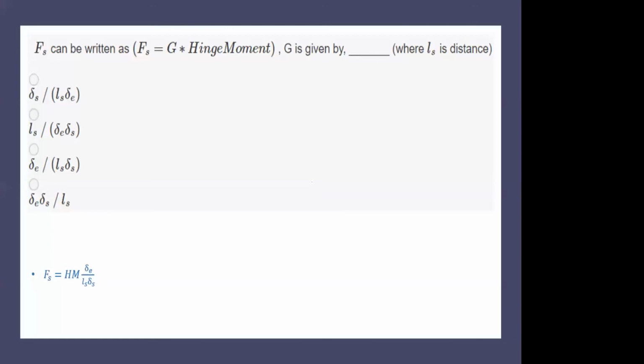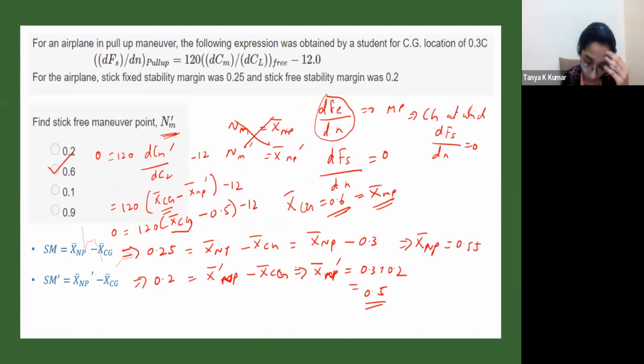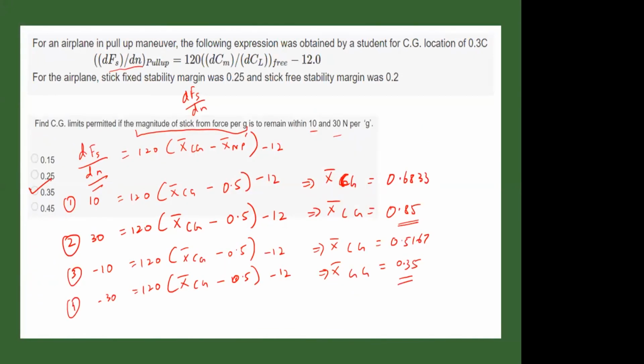One minute, madam. One question I asked regarding this one: that aircraft is flying in the south direction at velocity 50 meters per second and crosswind from west to east.